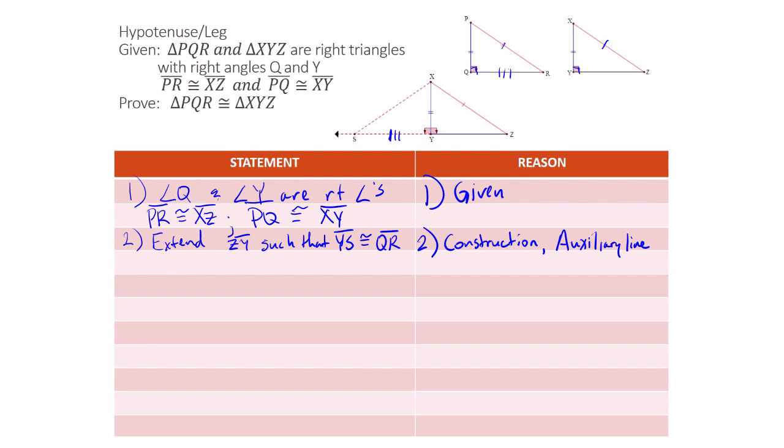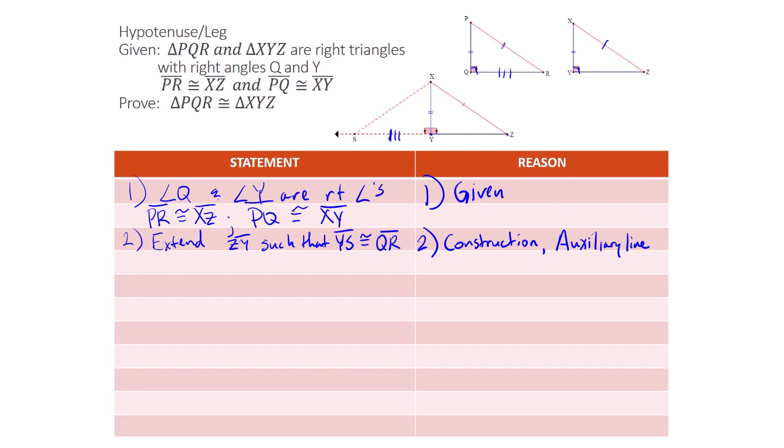Okay, you could say through any two points there's one line, because technically segment ZY has two points there, so we can extend that line forever and it's still the same line, right? There's only one line that goes through those two points. So next we're going to connect the dots from S to X, right? And that's definitely through any two points there's one line.